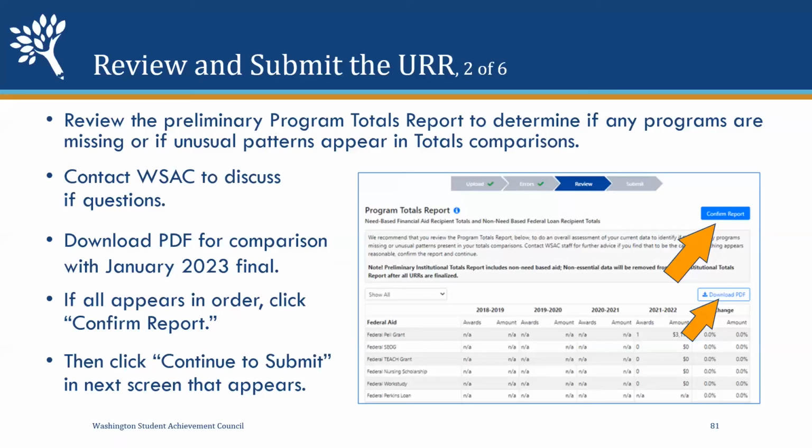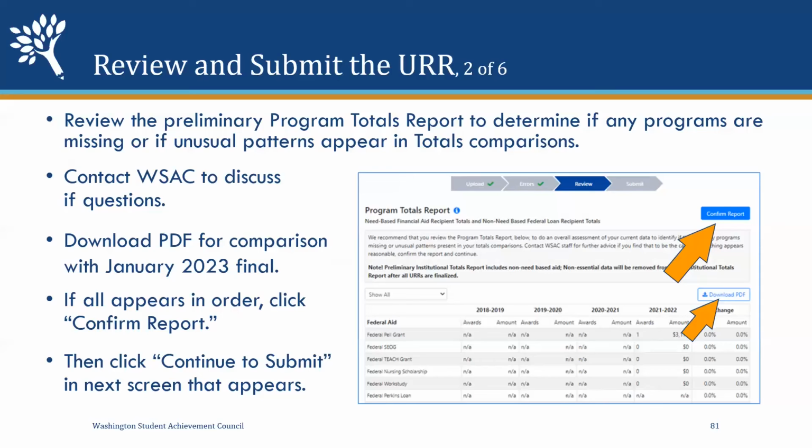We do ask that you download this report that will be used for comparison in your next unit record a year from now, because we will be looking at the percentage changes.